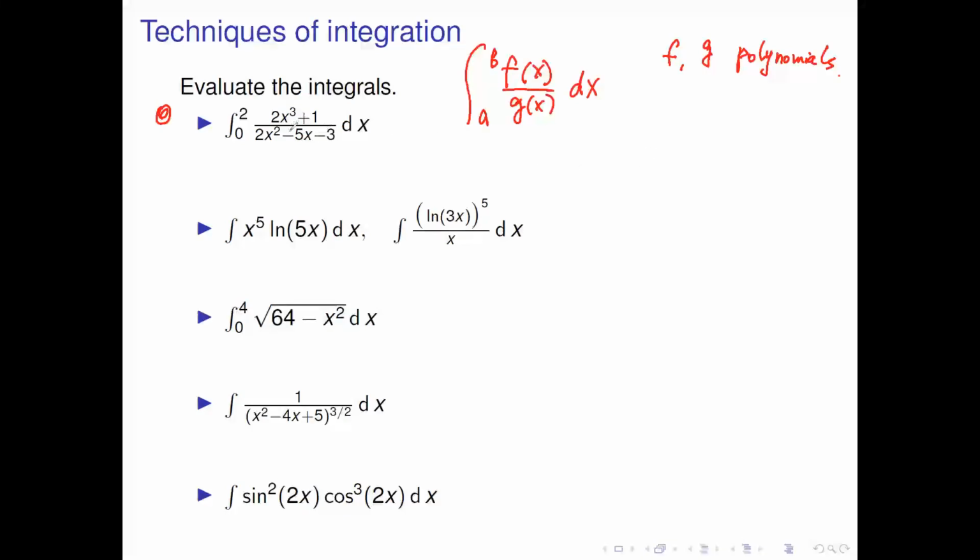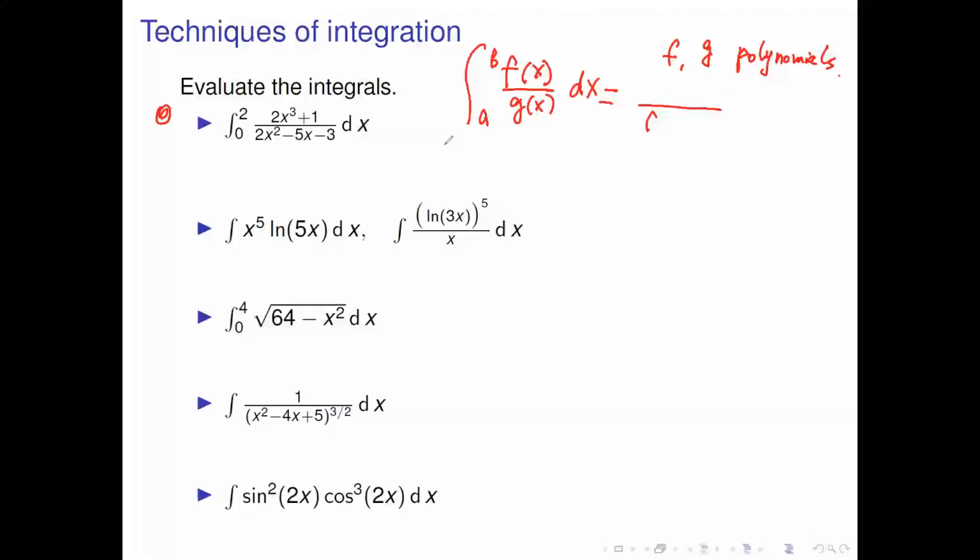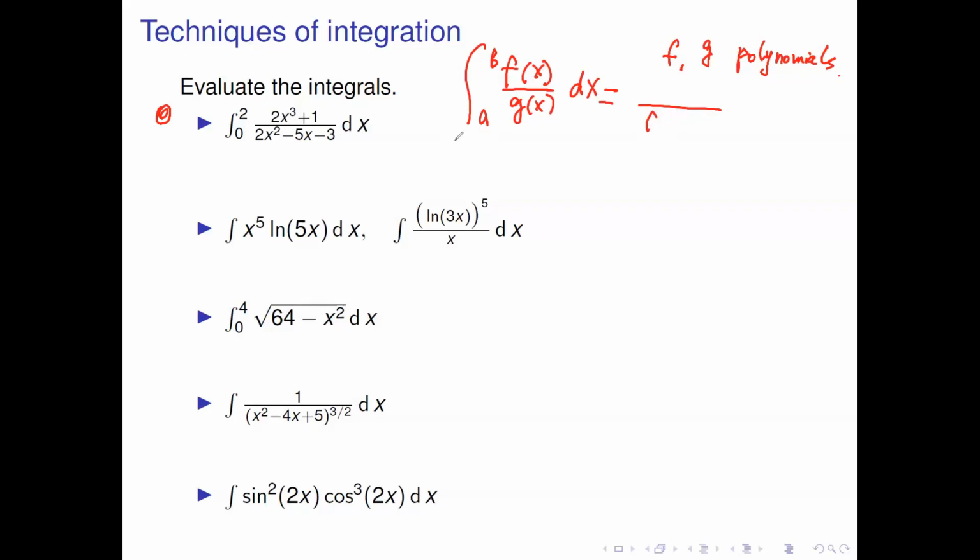So the first example is the integral of f(x) over g(x), where f and g are polynomials. The technique to evaluate the integral of a rational function is described in detail in the textbook.